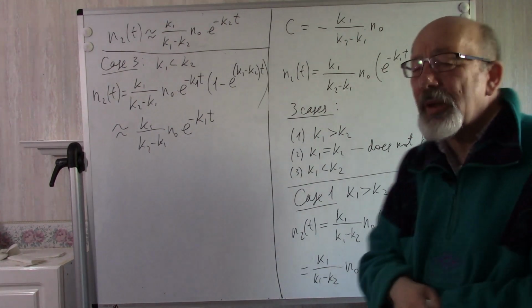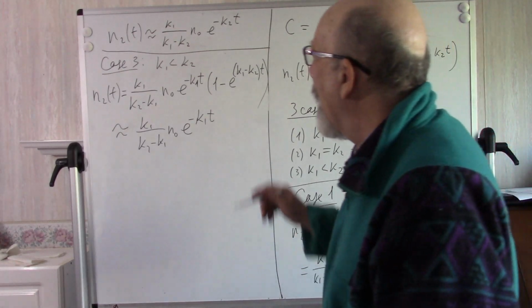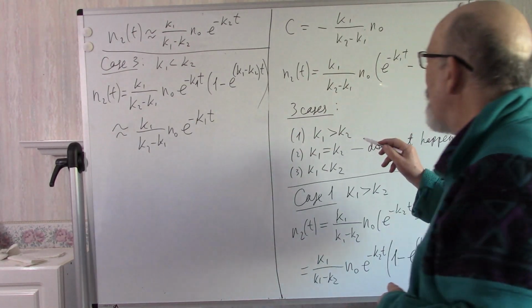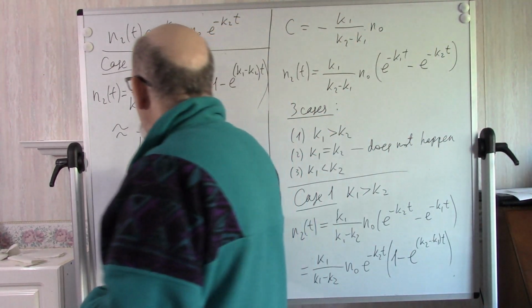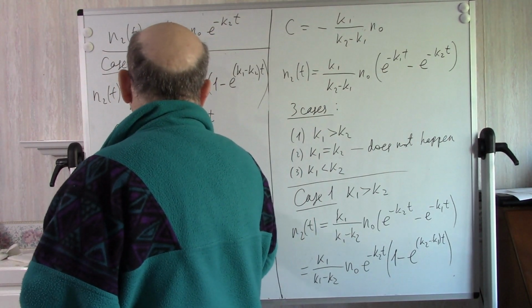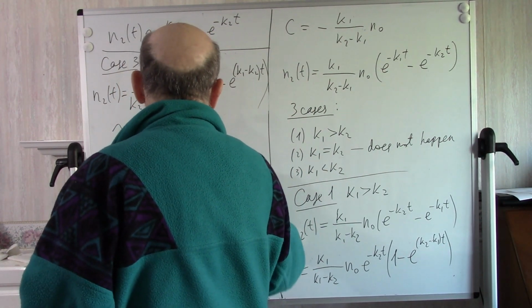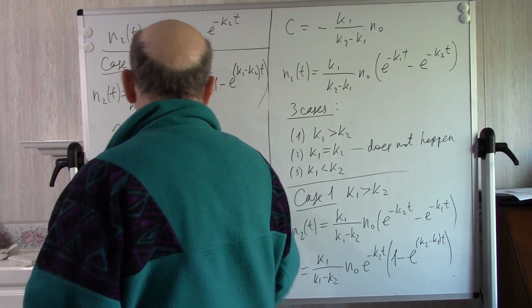So what does it all mean? What does it mean that K1 is more than K2? Let me remind you, we have this chain A goes to B, goes to C. Here we have rate K1 and here rate K2.